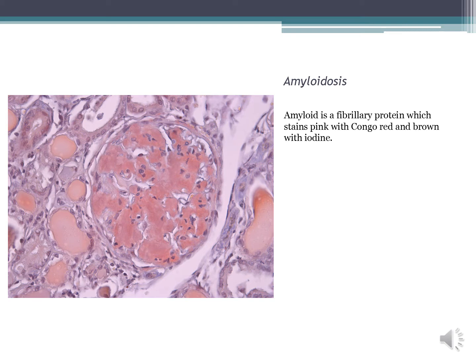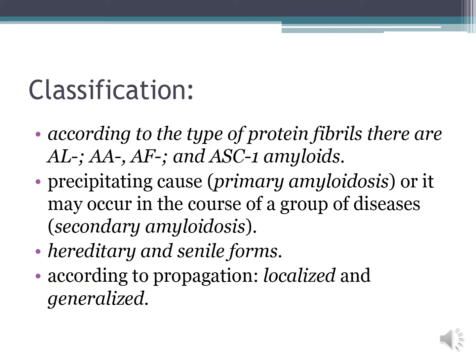Now we go to amyloidosis. Amyloid is a fibrillary protein which stains pink with Congo red and brown with iodine. We may classify amyloid according to the type of protein fibrils; we call them AL, AA, AF, and ASC1 amyloids.